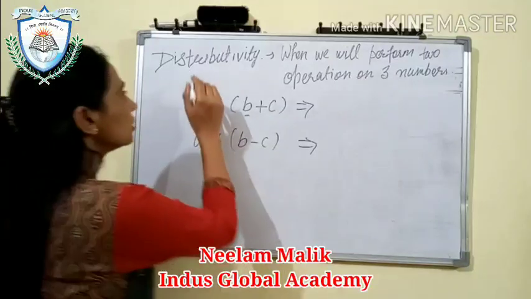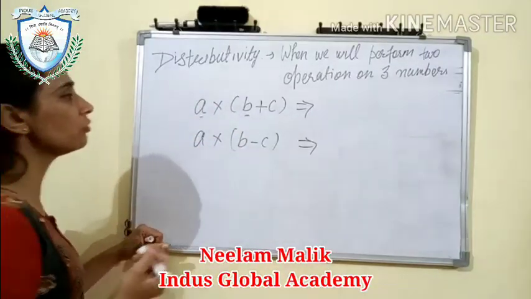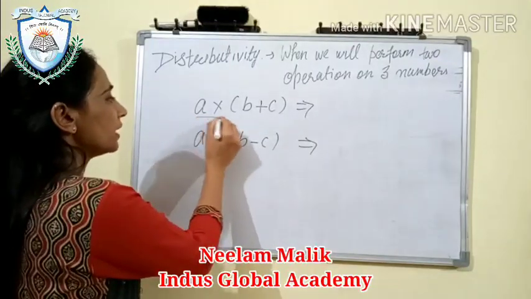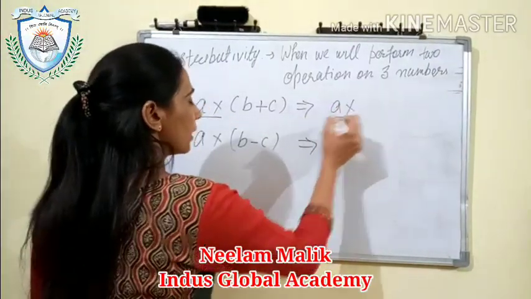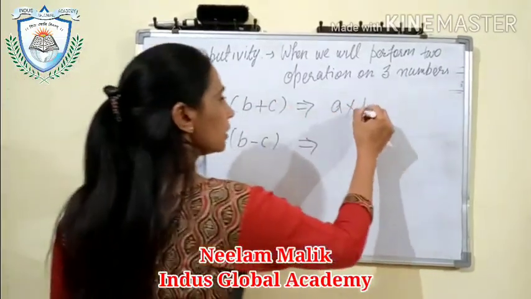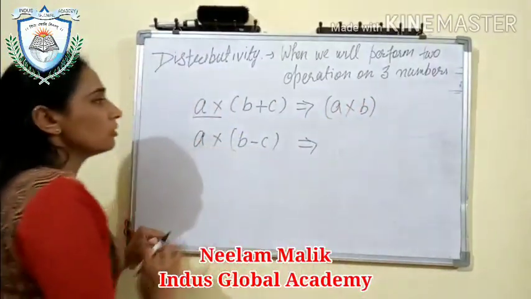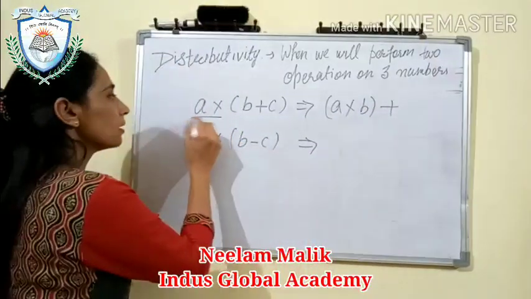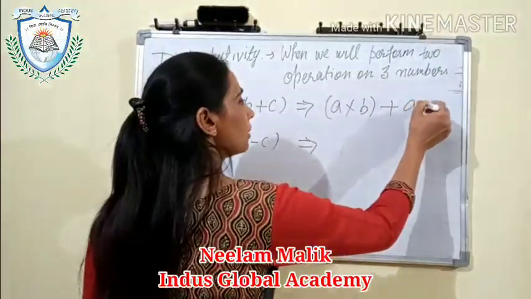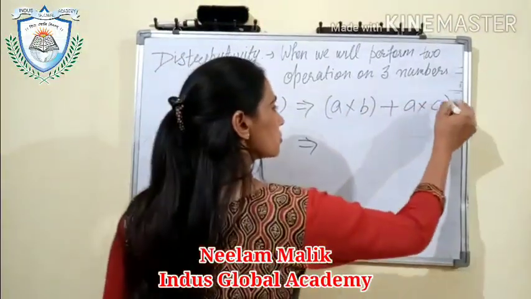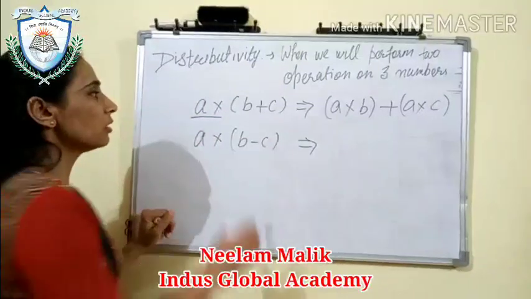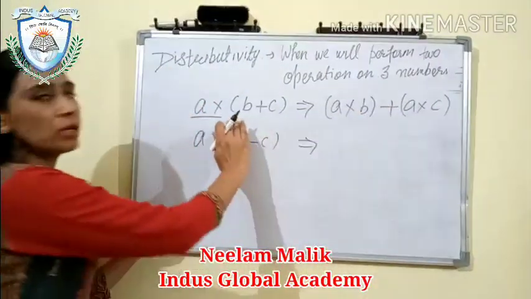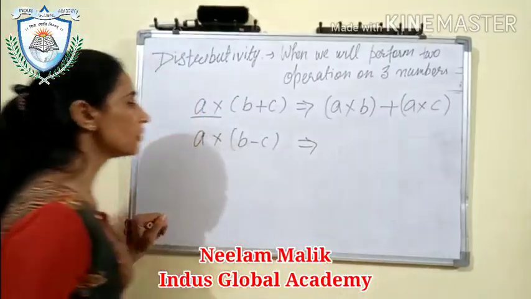Very easily by using this distributivity or distributive law. So how you will break this, how to learn this formula? First you will write this, A multiply, first number is B, put this in bracket. Then what is next? What is sign here? Plus. Again this, A multiply and then the second number C. So by this way, means you can break this formula into this. So it will be your left hand side, it will be your right hand side.